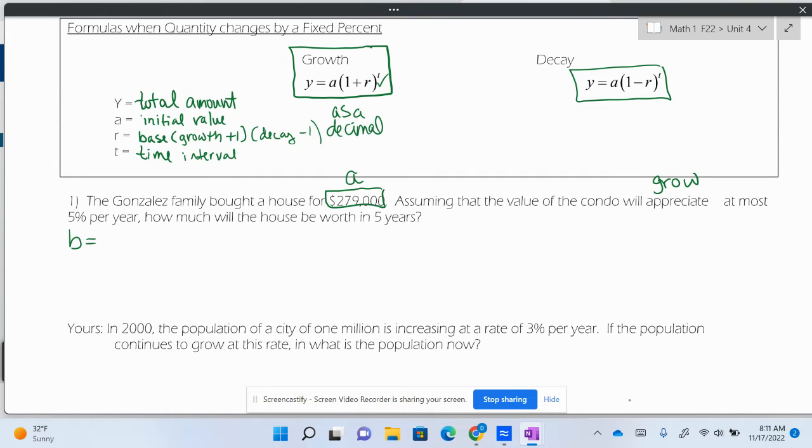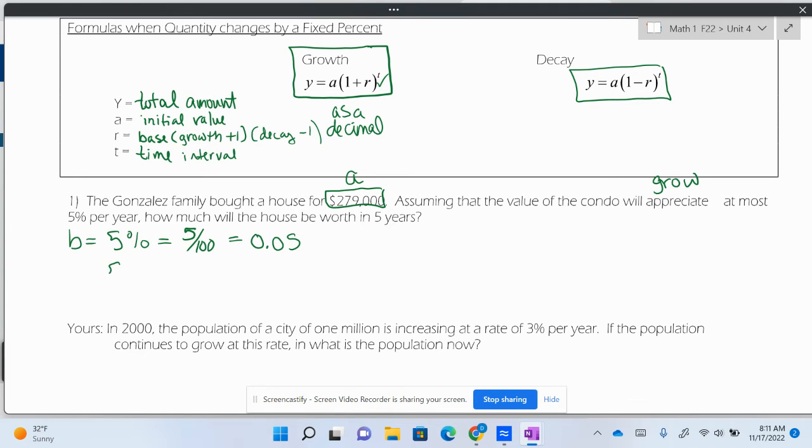So how do I turn 5% into a decimal? We can write it over 100. Yeah, sure. 5 over 100. And then I could put that into my calculator. And 5 divided by 100 is going to give me 0.05.